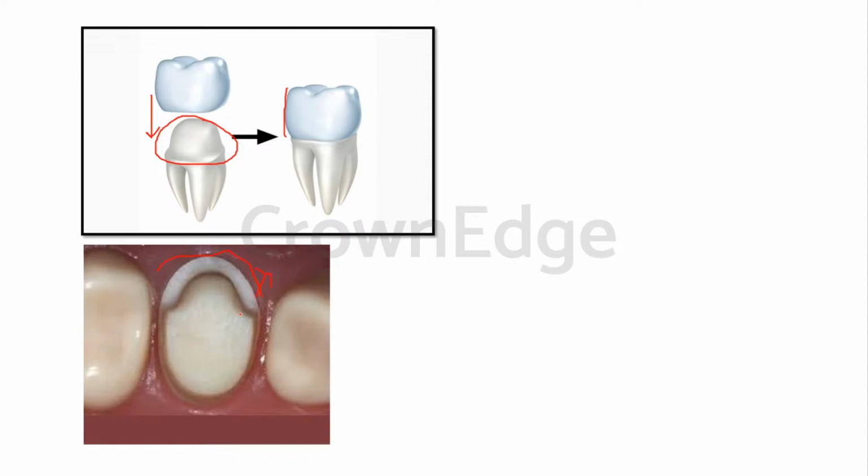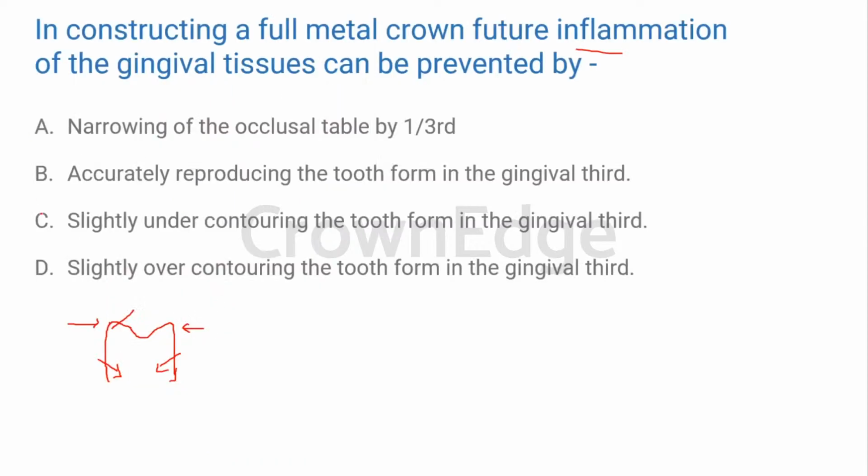So the best way to reduce inflammation is by not entering into the periodontium and by reproducing the tooth preparation as similar to the original as possible. So when we come across the options, it is B. You've got it right. Very good. That is accurately reproducing the tooth form in the gingival third exactly like how it was before.